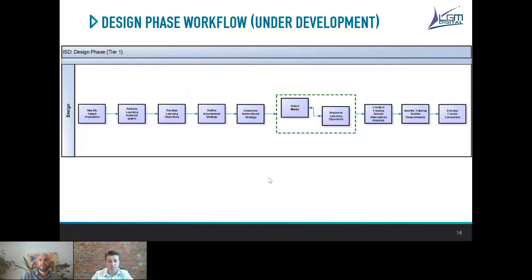The second main phase of the training program workflow is the training design phase. During that phase, we start with the identification of the target population. So we will see what are the different criteria, parameters of the target population that can influence the training.